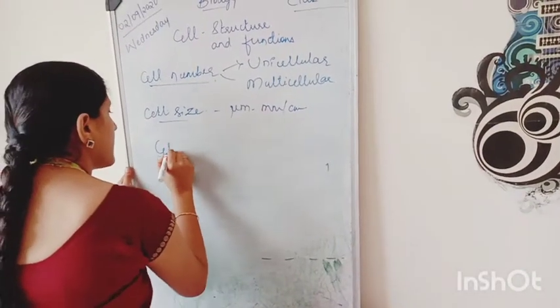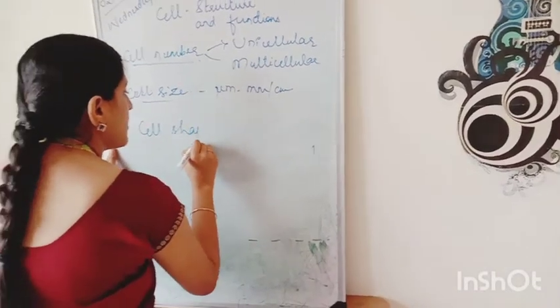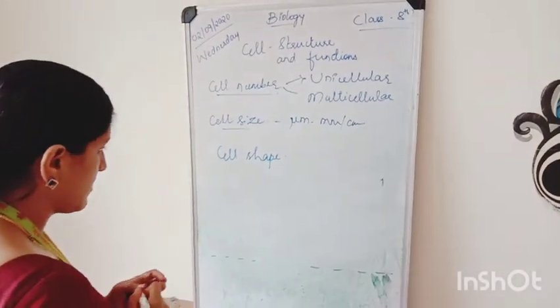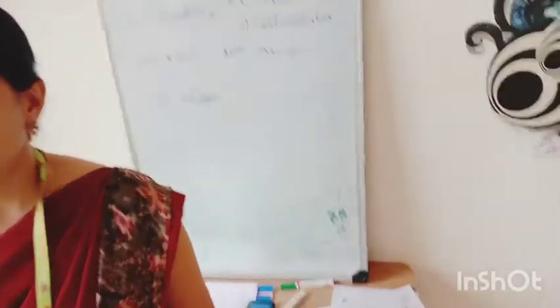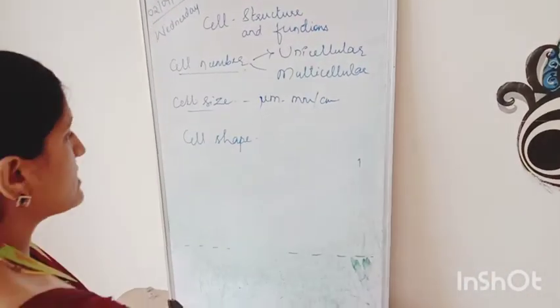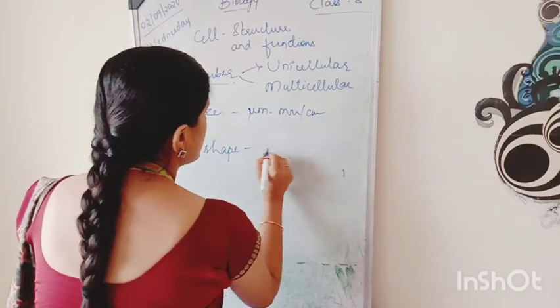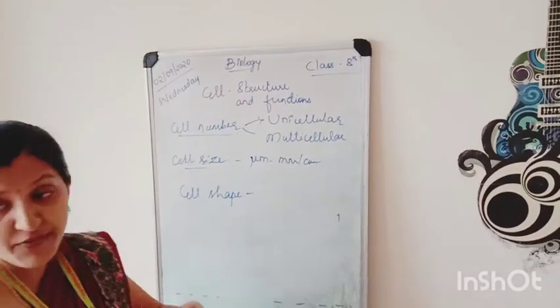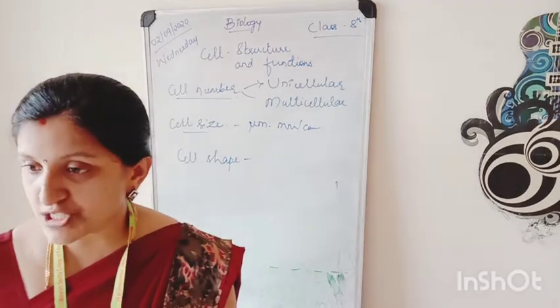Then there is cell shape. There are many types of cells. Based on their function, they adopt their shapes.